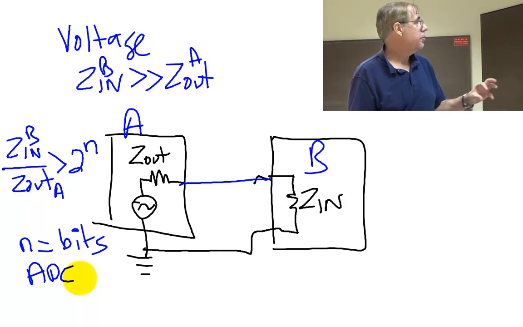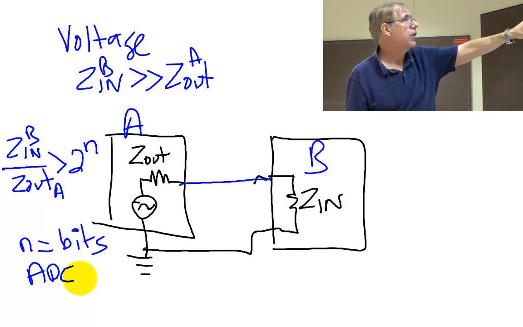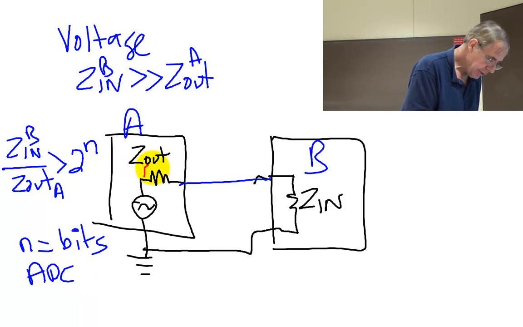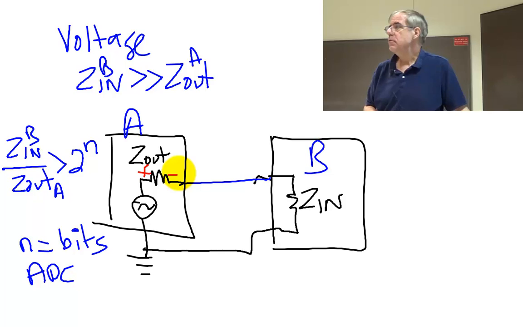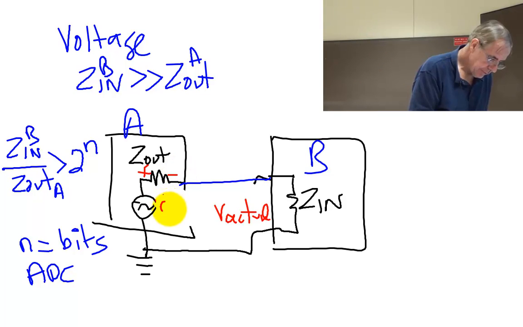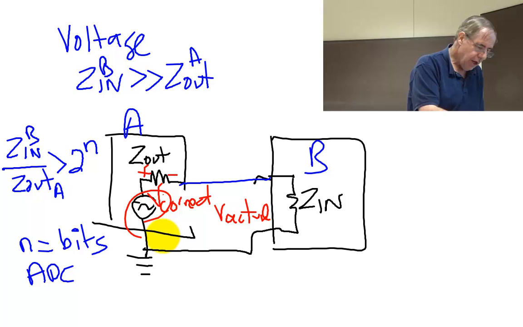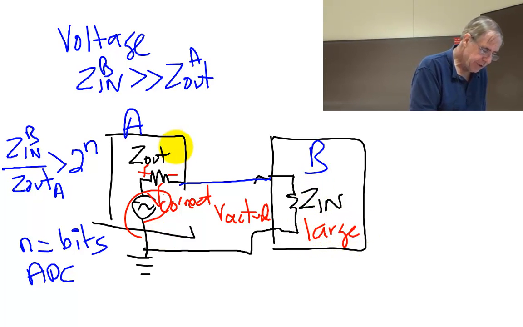And so this is going to be a function, because if you look at it, any voltage difference across here does what? A voltage drop in that resistor means what? So this is the correct signal here. And I don't want it to change. I want to sense it. So I want to have a large input impedance connected to a small output impedance.